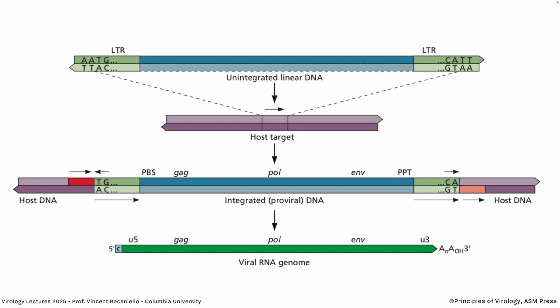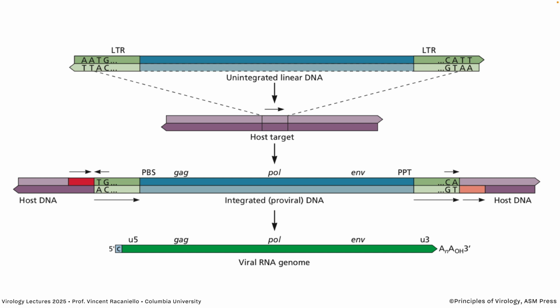This is our product that we have just made by reverse transcription. 2 LTRs, the coding region of the genome, and another LTR at the right-hand side. And this is going to integrate into a host target. So the host is going to be shown in purple. And then you're going to end up with proviral DNA, which is integrated. You're going to have host DNA on the left, host DNA on the right.